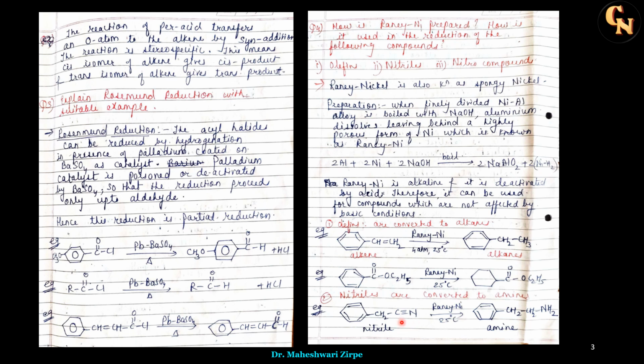You can find that C triple bond N has been reduced to C single bond N, where two bonds are broken, and in short we can say that 4 hydrogens are added. So 2 hydrogens are added on carbon and 2 hydrogens are added on nitrogen. So there is a formation of CH2CH2NH2, that is an amine.